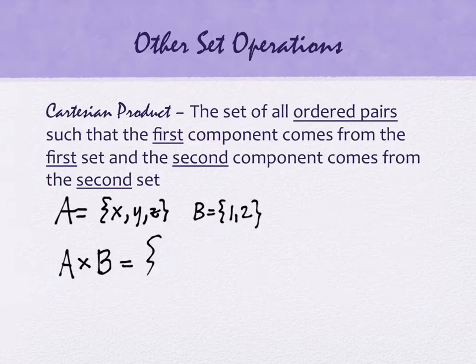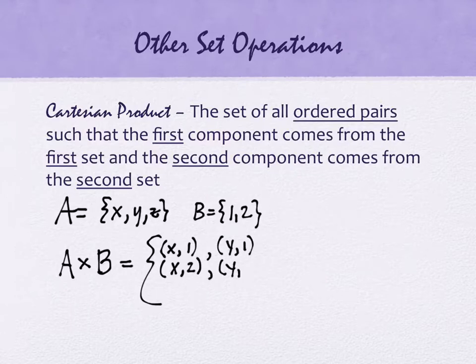And it's a set of ordered pairs. I'm pairing up X with 1 and X with 2. And then I'm pairing up Y with 1 and Y with 2. And I'm pairing up Z with 1 and Z with 2. And this would be the Cartesian product. It's a collection of ordered pairs.